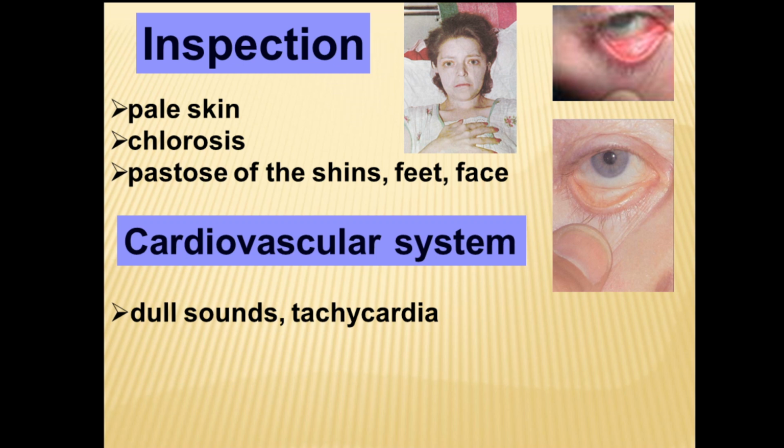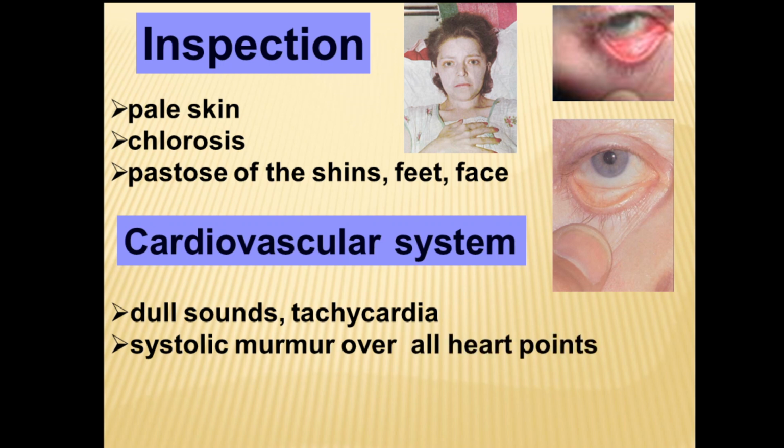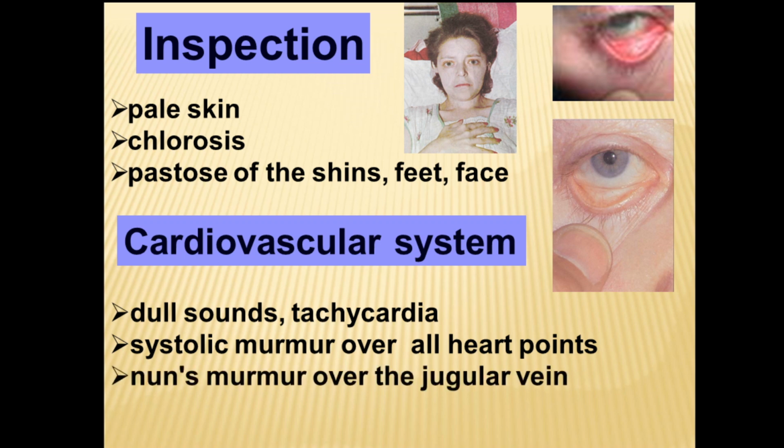Heart sounds become dull due to decrease of the muscular component. Later we can hear a systolic murmur over all heart points due to the decreased viscosity of blood. It becomes liquid and easily goes with turbulent movements, which will be heard as a murmur.